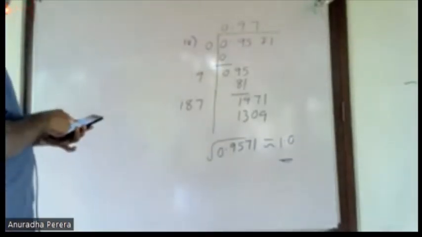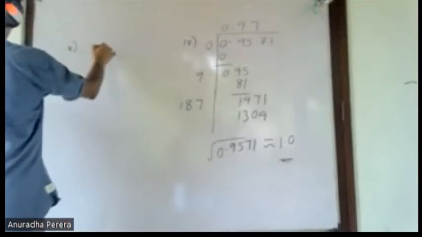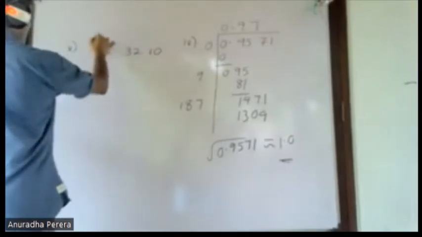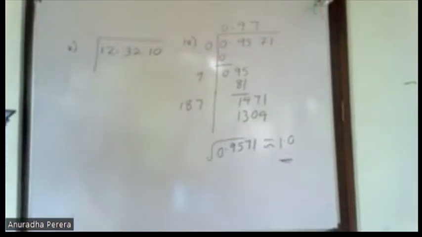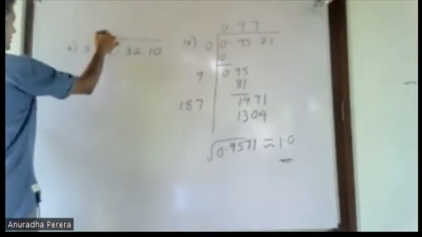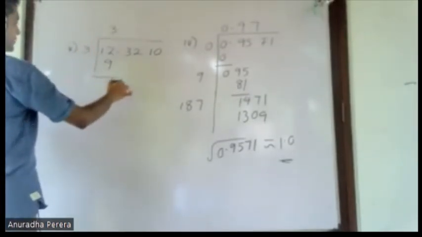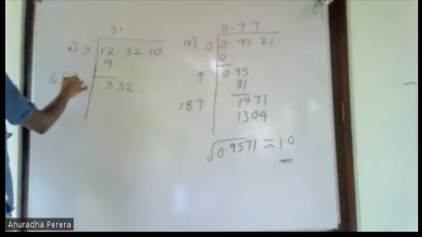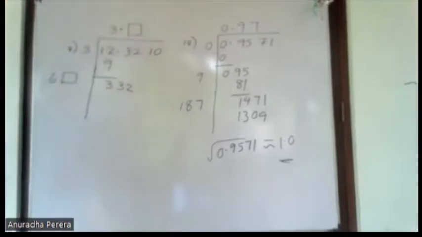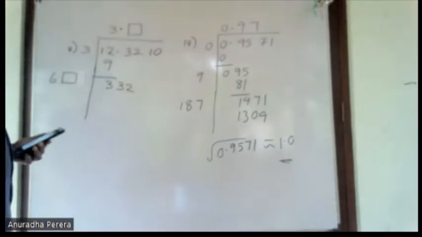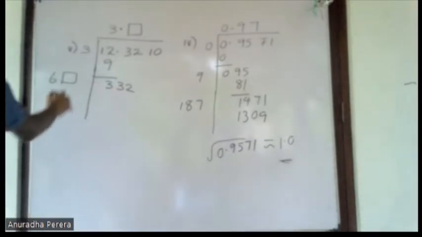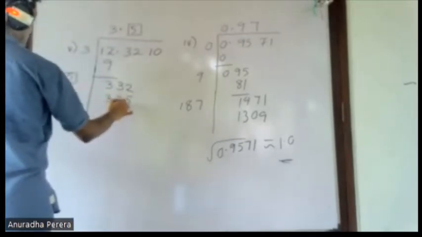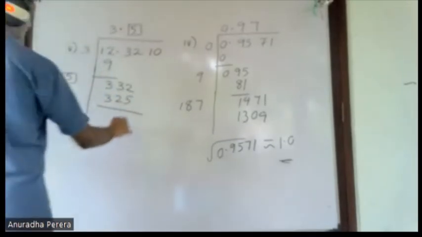Question number 5. 12.321. Put a 0. Complete square less than 12 is 9. Square root is 3. Take next pair, it comes from the decimal part. Twice of 3 is 6. 5. 7.